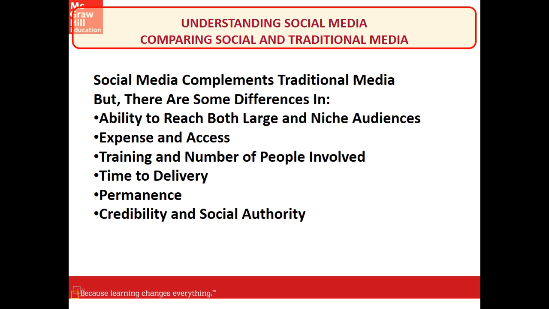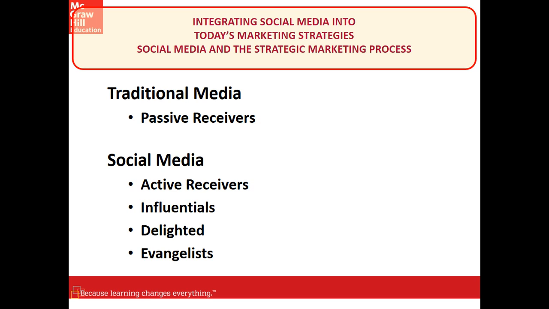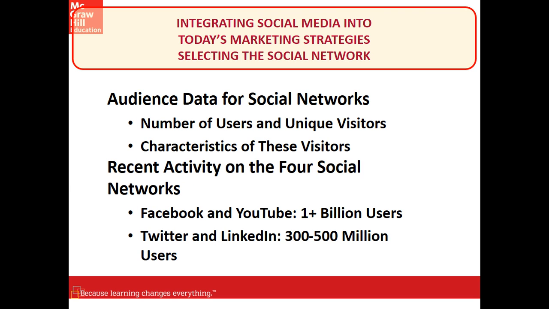Then how social media complements traditional media, and those are the differences there. Okay, you know that. Traditional media, passive. Social media, active receivers. There are influentials, delighted, evangelists, if you don't understand those terms, okay? Audience data for social networks: number of users, unique visitors, characteristics of these visitors, okay?